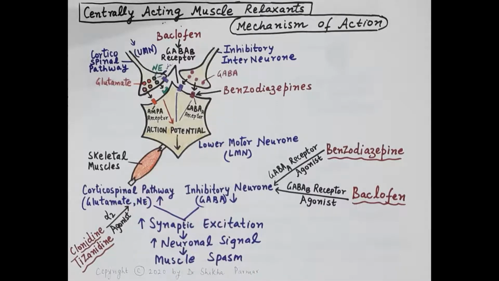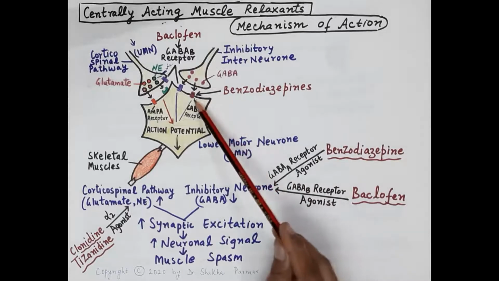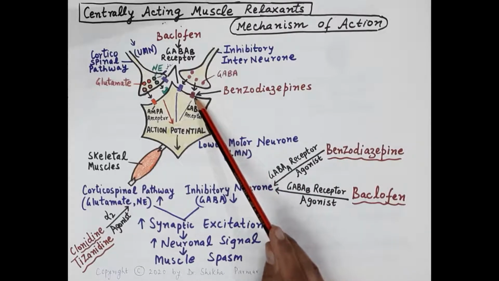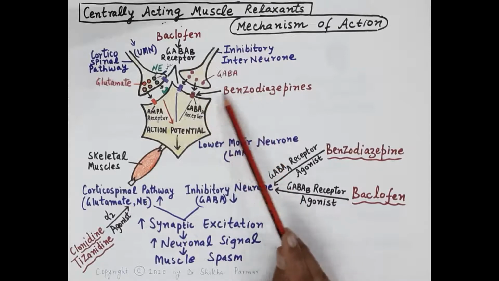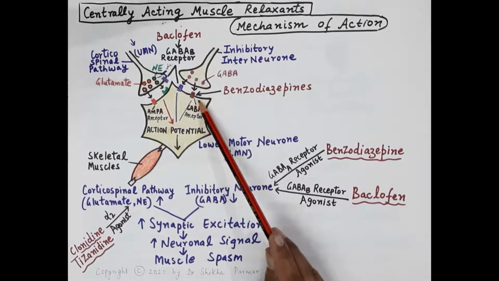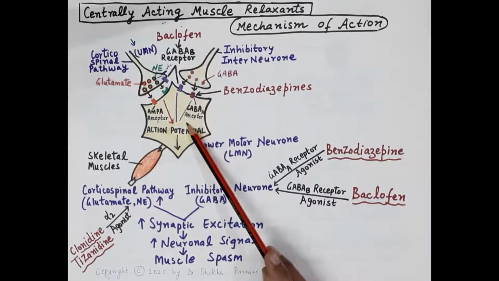Now we will discuss the mechanism of action of benzodiazepine. Benzodiazepine is a GABA A receptor agonist. Benzodiazepine binds to the benzodiazepine receptor, which is located on the GABA A receptor complex. By binding to this benzodiazepine receptor, benzodiazepine causes an increase in the frequency of opening of the chloride channels, and because of this, there is an increased influx of chloride ions.